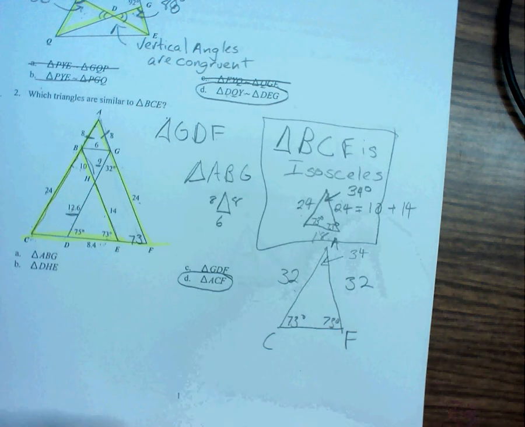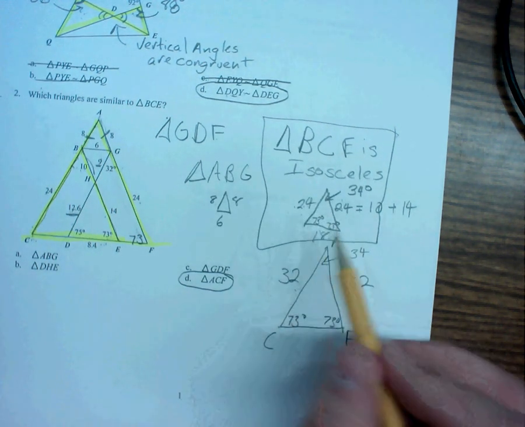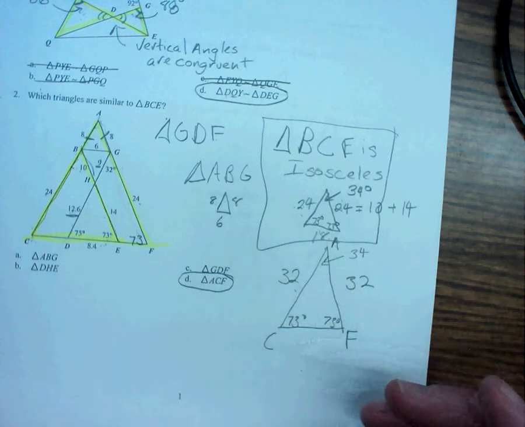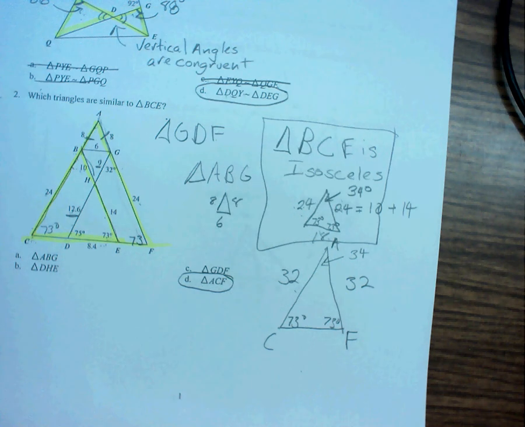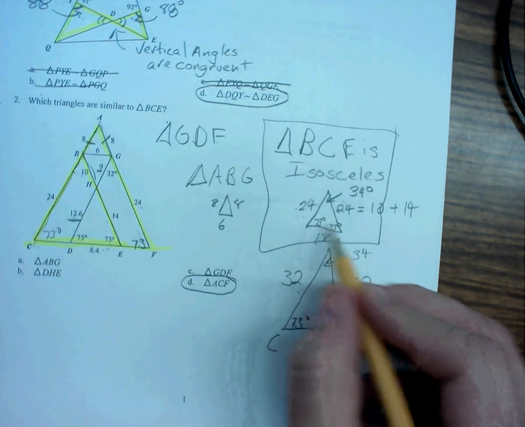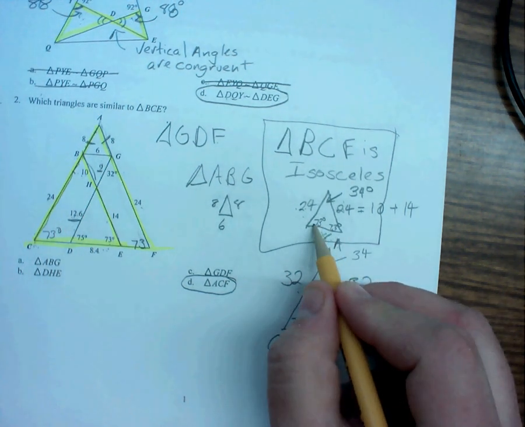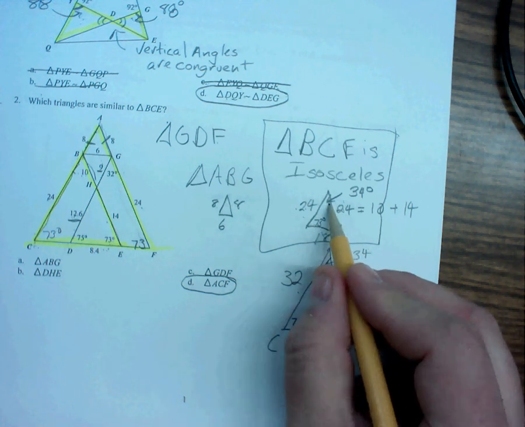So that meant that it's an isosceles triangle. And for an isosceles triangle, the base angles are congruent. So then that means that this angle is 73 degrees. Okay? With that information, I can add those two up, which is like 146, and subtract it from 180 to find the remaining angle, which is 34.